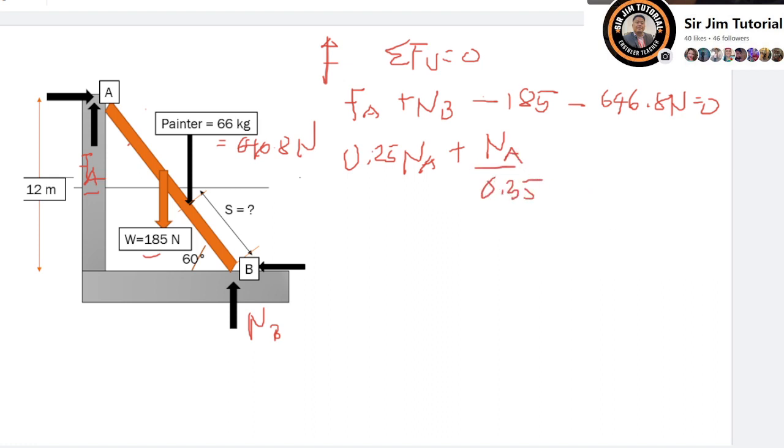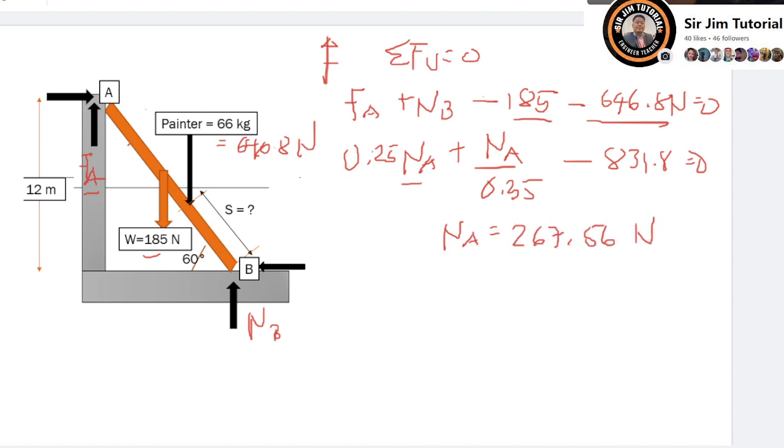Now, we can combine these two. We'll make it negative 831.8 equals 0. You can notice that you have NA and NA. Okay, if we simplify this one in your calculator, you can solve NA equals 267.56.